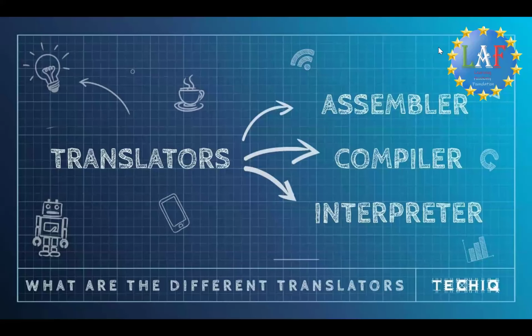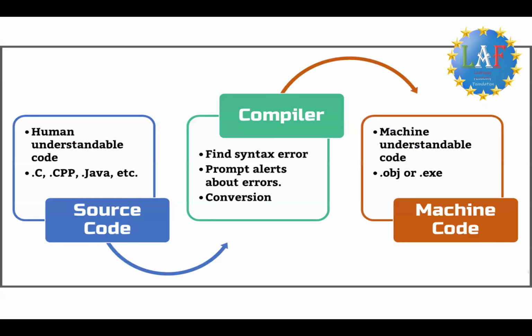To bridge the gap between human-friendly code and machine execution, we use translators. That is the assembler we have seen before, the compiler, and the interpreter. A compiler translates the entire source code, that is human understandable code like C, C++, Java, and so on.